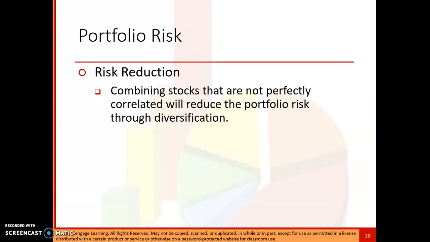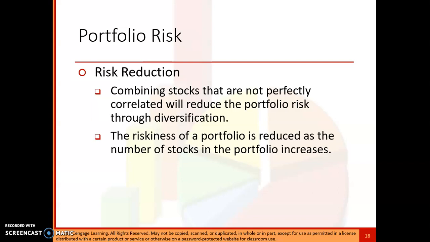As we add stocks, the risk is going to be reduced. Each stock we add is going to reduce that to some extent. We're going to see a chart, I believe, on the following page that shows how that works. So the riskiness of a portfolio reduces as you increase the number of stocks.